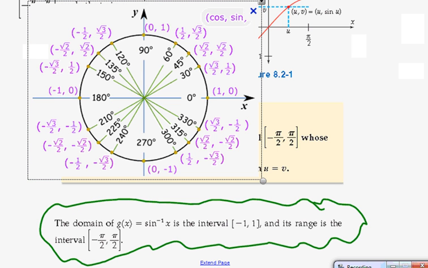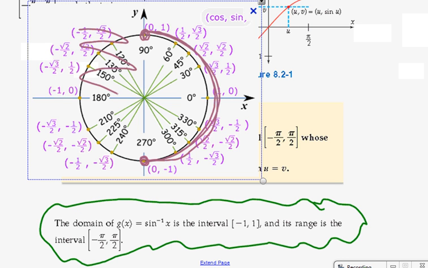So basically what that means on your unit circle, if we're looking at solutions, we're only going to be looking from negative pi halves to pi halves. So we're only looking from here to here. So any of our solutions will be in the fourth and first quadrant.